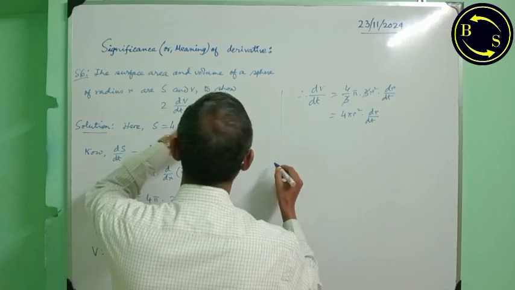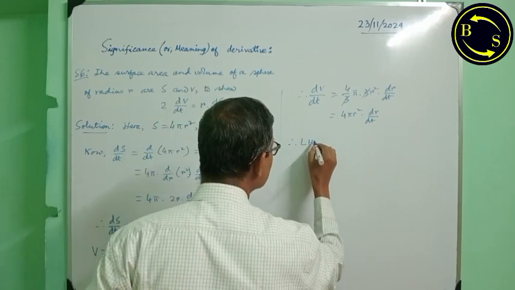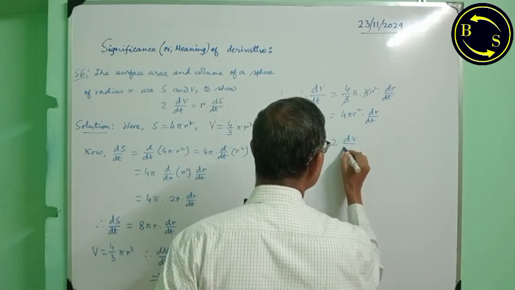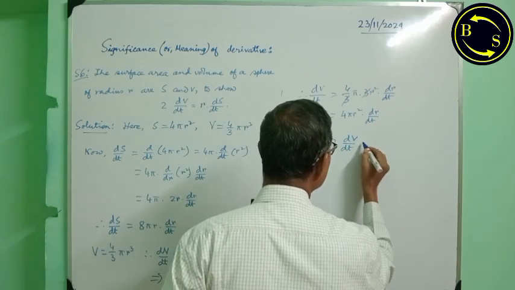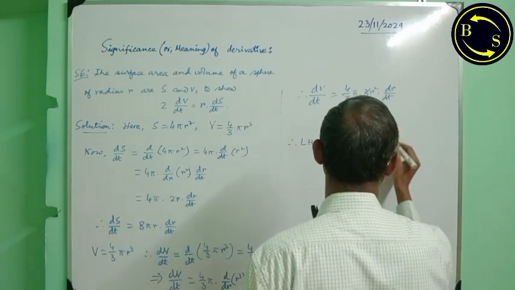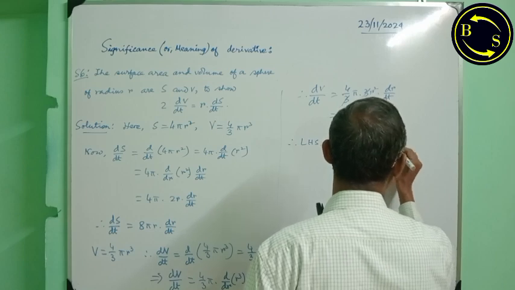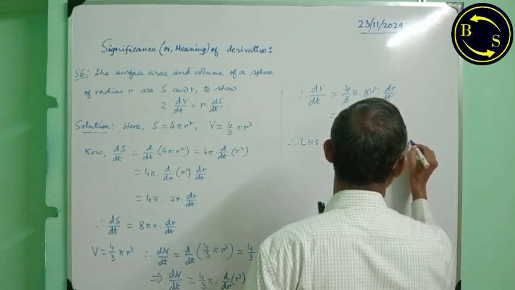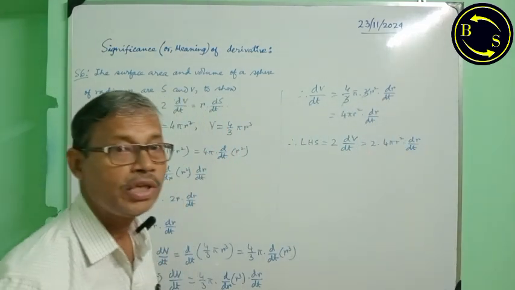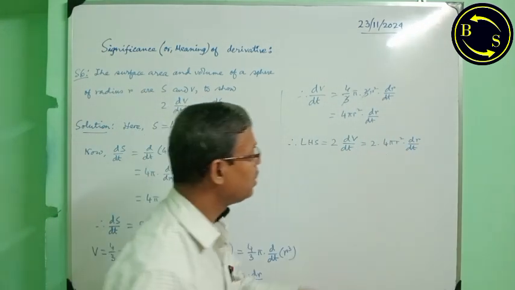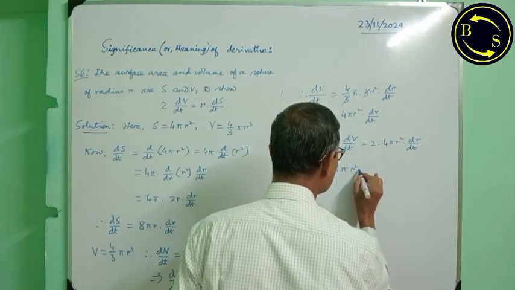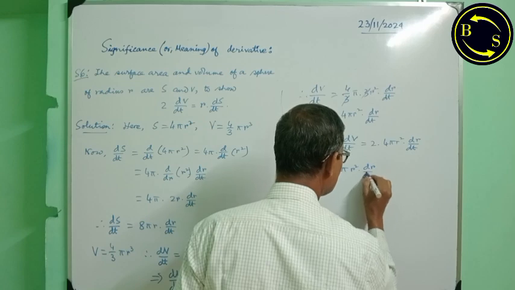Therefore, we have to prove this one. LHS is equal to 2 dv dt. Already we have got dv dt, this one, 2 into 4 pi r square into dr dt, that is equal to 8 pi r square into dr dt.